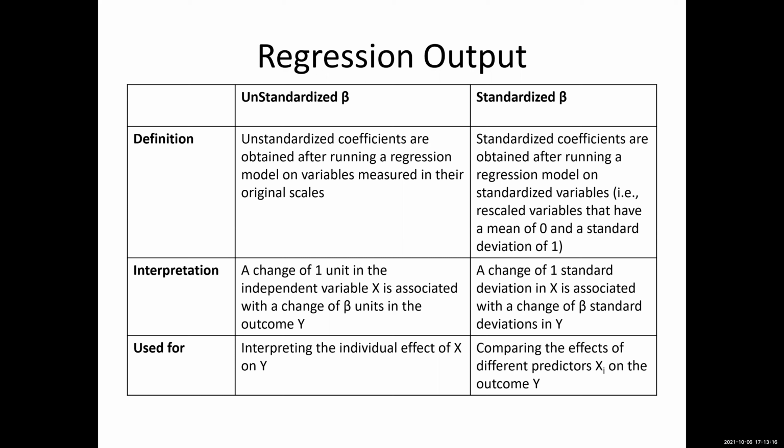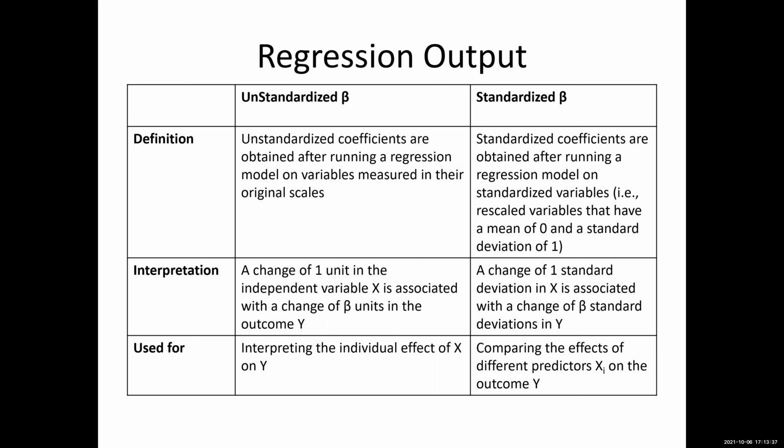Now, when we are interpreting unstandardized betas, this is how you will interpret an unstandardized beta. A change of 1 unit in the independent variable X is associated with a change of beta units in the outcome variable Y. We will talk about this once we have the regression output.